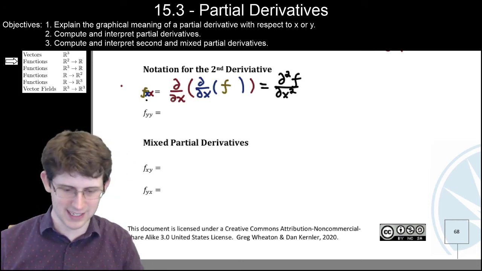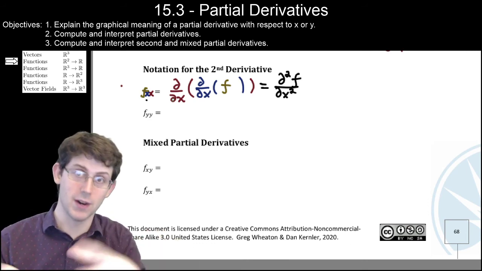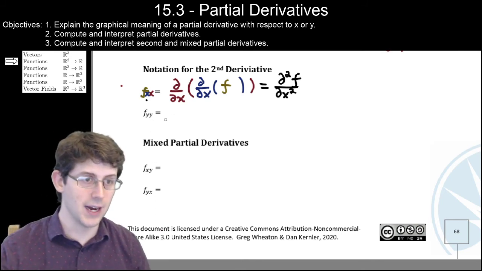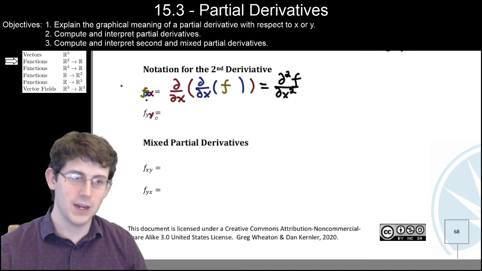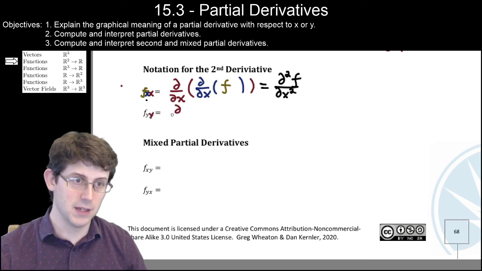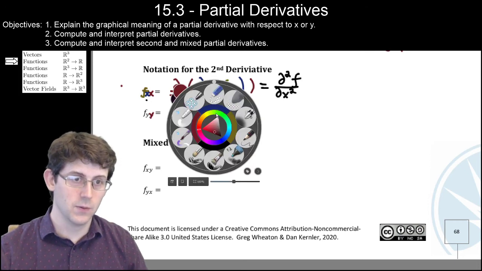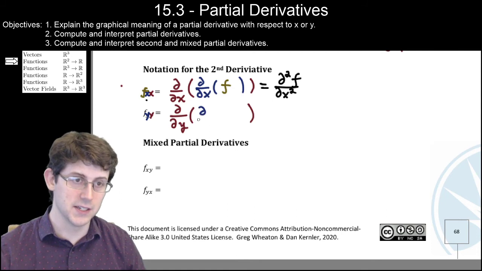Just think of it as outside and inside, and the things closer to the function are the ones more on the inside of the evaluation. So this one, fyy, well, the one furthest away from f in this notation will also be the one furthest away from f in this notation. The one close to f in this notation is also the one close to f in this notation.